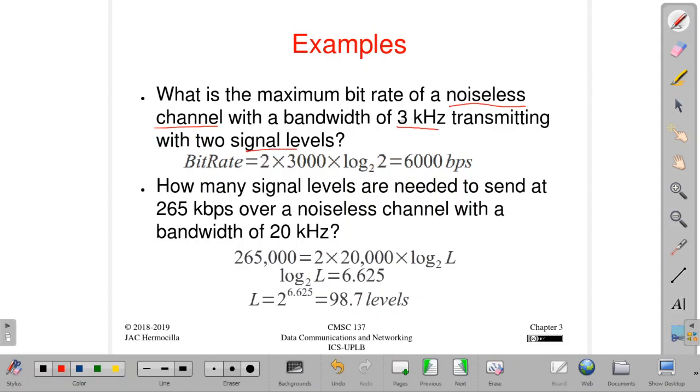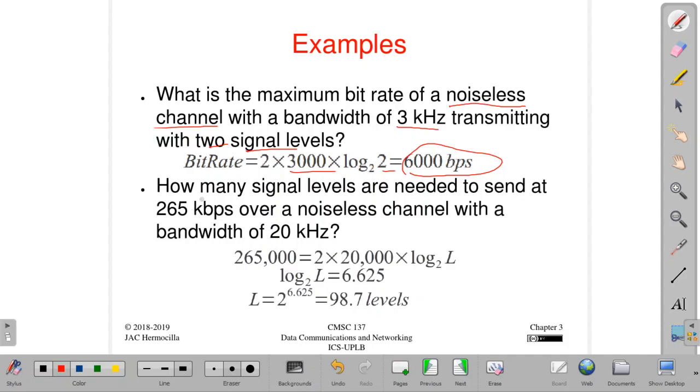So we are given all the information. We have the bandwidth, which is 3 kilohertz, and 2 signal levels, and the bit rate that we're going to get is 6,000 bits per second or 6 kbps.